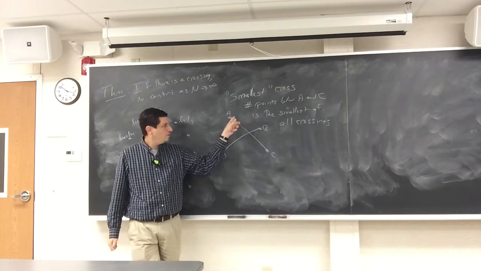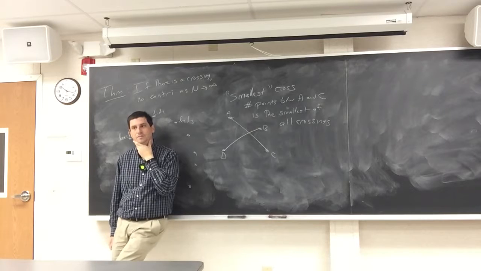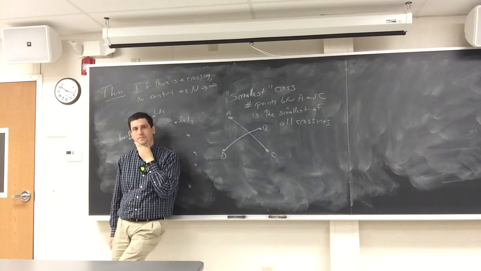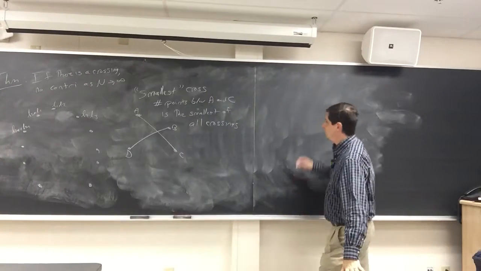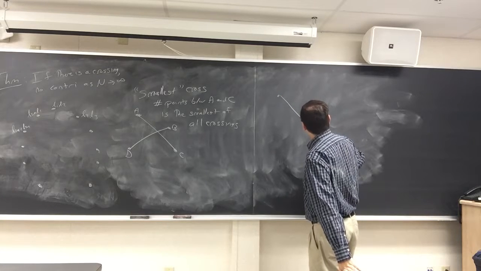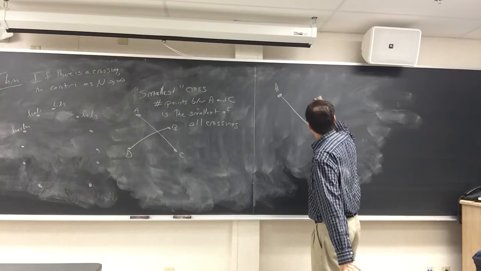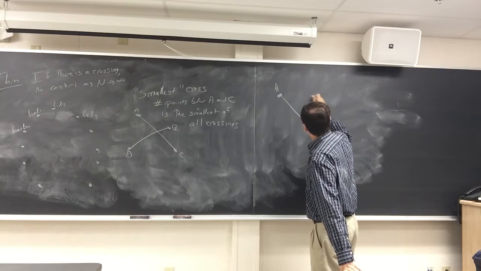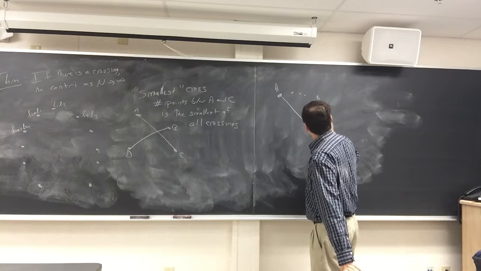So what do we know now about the stuff between A and B and the stuff between B and C? Okay, so now we've got, here's A, here's C, here's B. I have some number of dots here, some number of dots here.